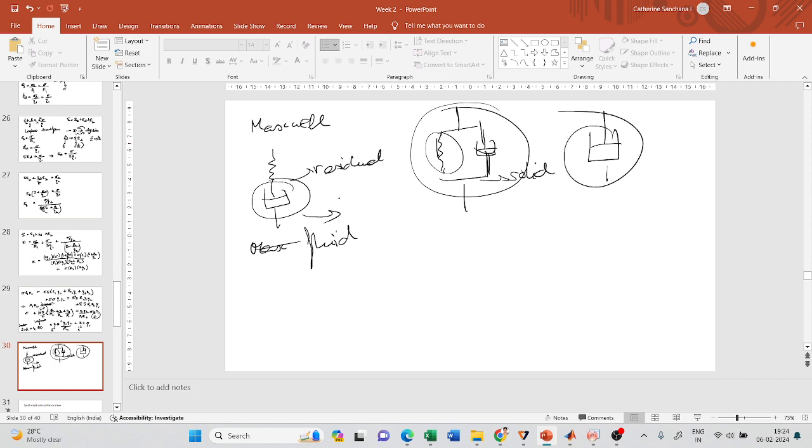And in the Burgers model, the response is going to be like this, right? This is what we expect a model to show: an instantaneous jump, then delayed creep, then instantaneous recovery and a delayed recovery. So this is what we want.